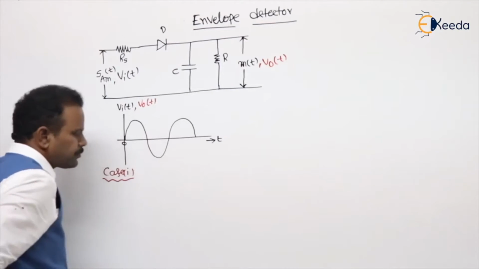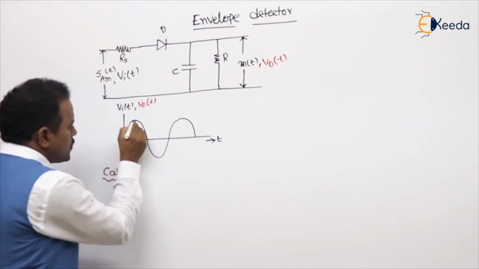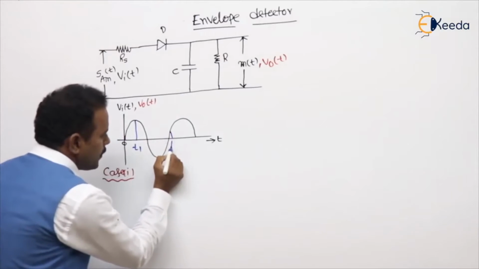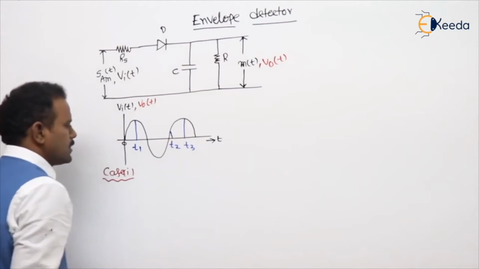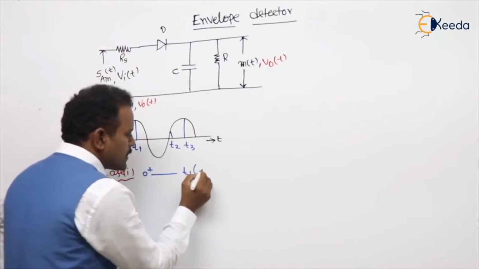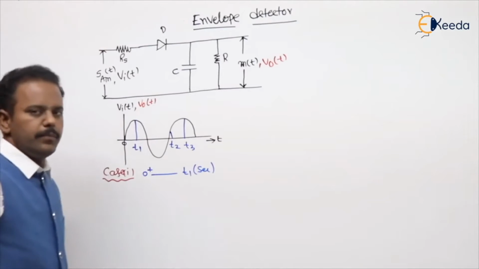Try to observe. First I will analyze from 0+ up to t1 seconds, then t1 up to t2 seconds, then t2 up to t3 seconds. First I am analyzing from 0+ to t1 seconds. Are you following my point or not?